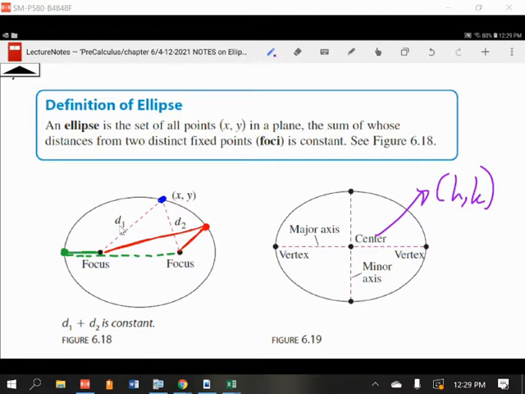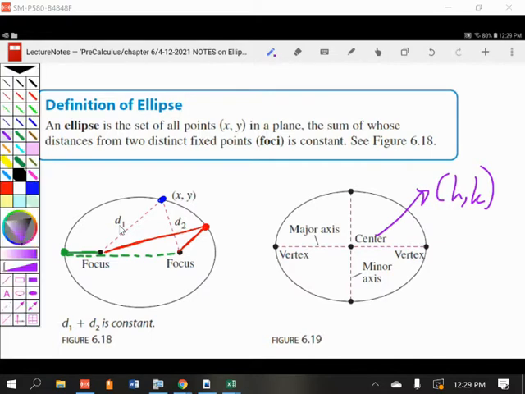Now you see with an ellipse, it could be orientated so that it's oblong horizontally, or it could be oblong vertically. So what happens is we have 2 different axes. There is a major axis, which is the longer of the 2, right? The minor axis is the shorter of the 2.